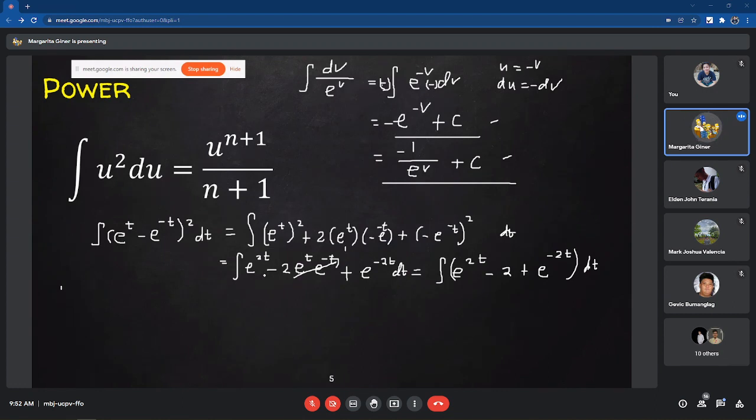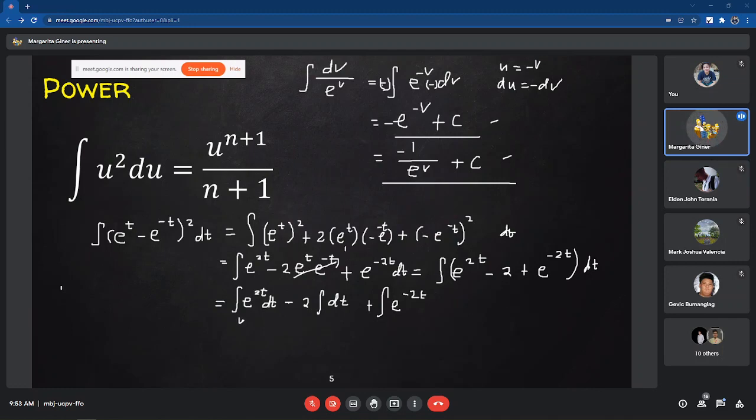We cannot factor it out, so we will solve it term by term. Let's solve for the antiderivative: e raised to 2t minus 2, dt, so minus 2 dt, plus the antiderivative of e raised to negative 2t.